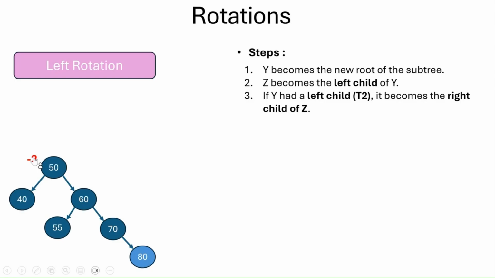If the balance of the node is less than -1, and the new node is added as a right child of Y, either as a direct right child of Y or as a right child of Y's right child, then we come to know that it is a right-right situation and we need to do left rotation.